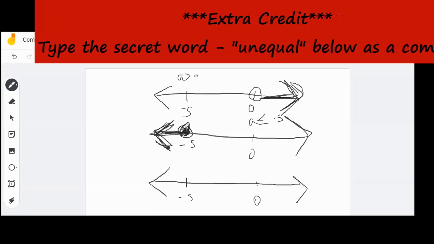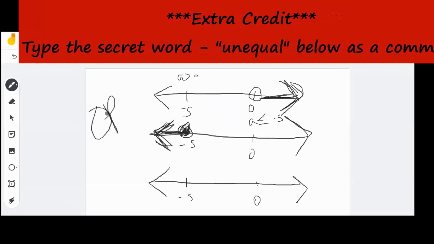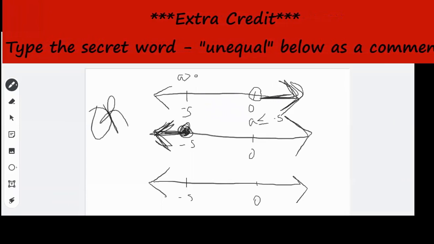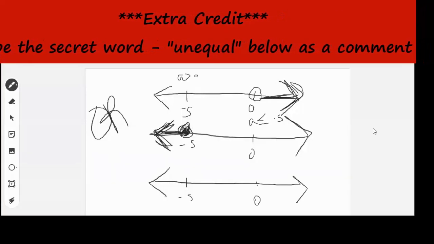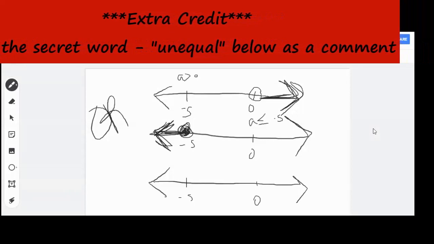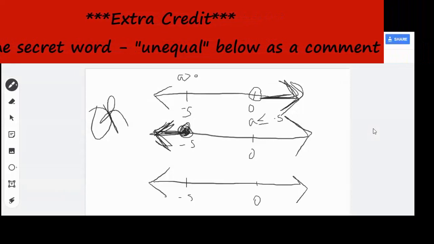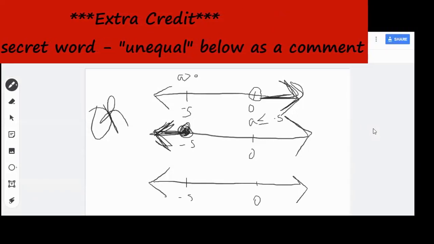Now, since this is an OR problem, instead of doing the overlap like we did before, this time we actually take all possible solutions and make sure they're both shown.